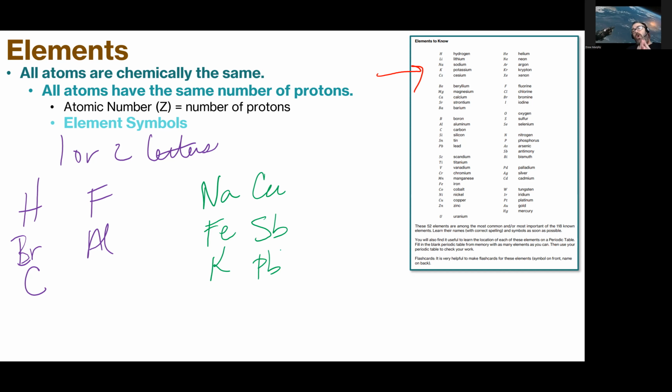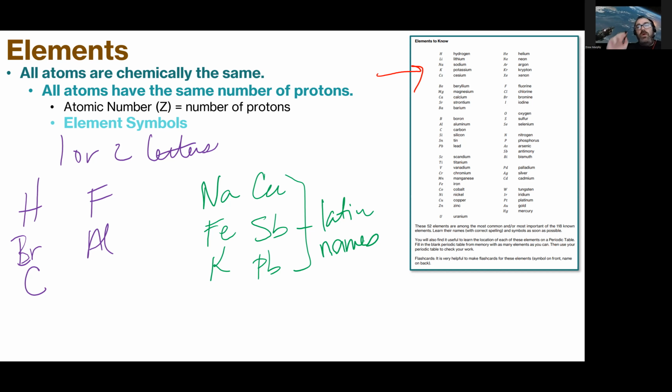So there's a whole host of these. These come from Latin names. I'm not going to make you know Latin names, but I want you to know which symbol goes with the English name of each element.